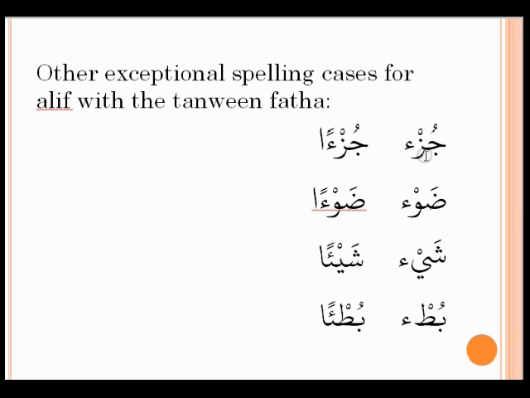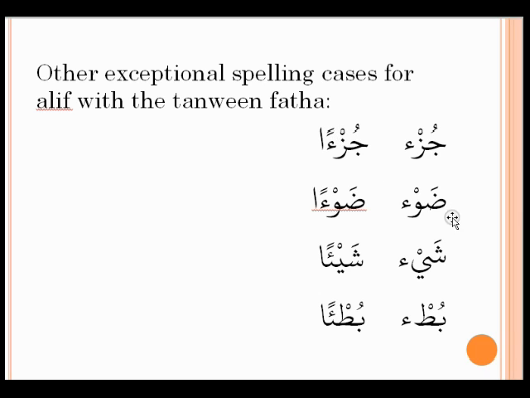This letter cannot be connected to the letter after it. So when applying a tanween fath, we add an alif in its standalone form, not connected to the hamza in any way. This is because the letter preceding the hamza is a non-connector.